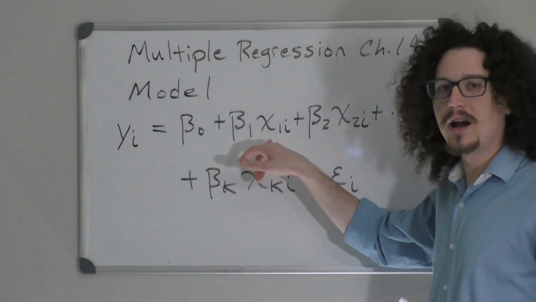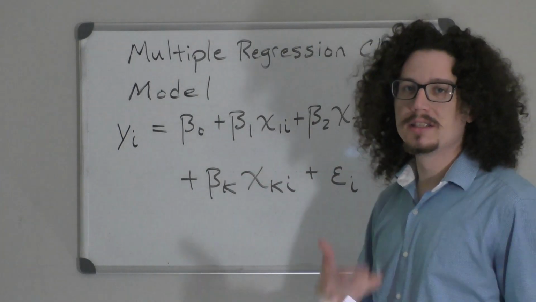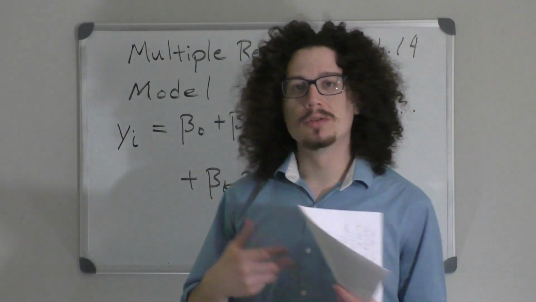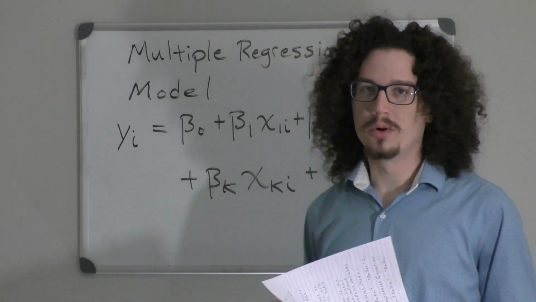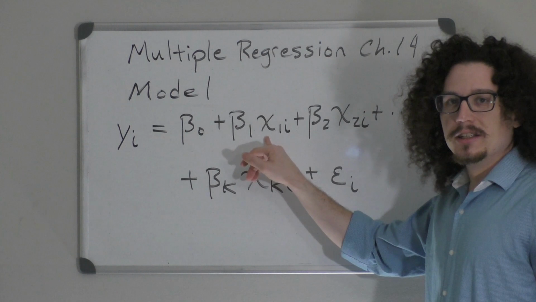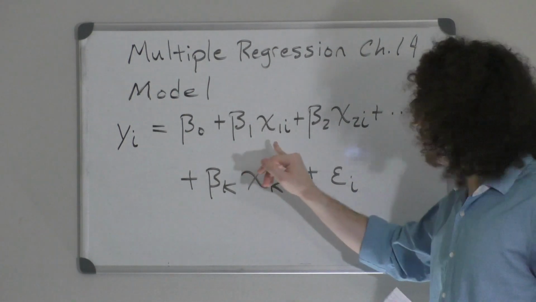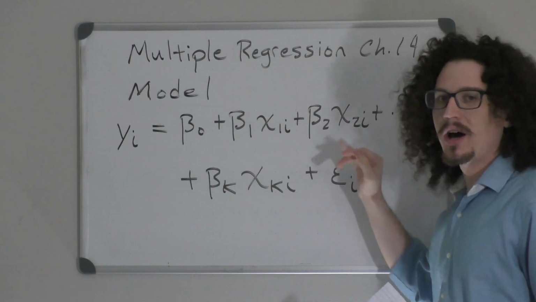All right, and then we have our x's. So now we just have more of these. These are still our independent variables. We're going to have more than one x. In a simple linear regression, it was just xi. Now it's x1i, x2i.